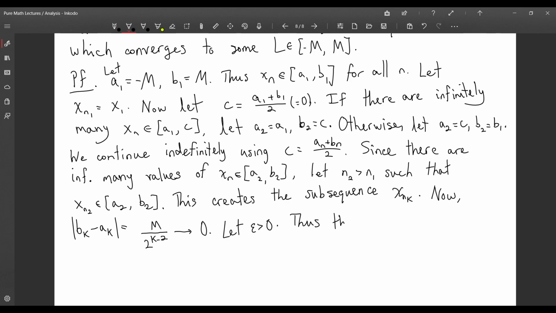Thus, there is N in the natural numbers such that if n is greater than or equal to N, then b sub n minus a sub n is less than epsilon.